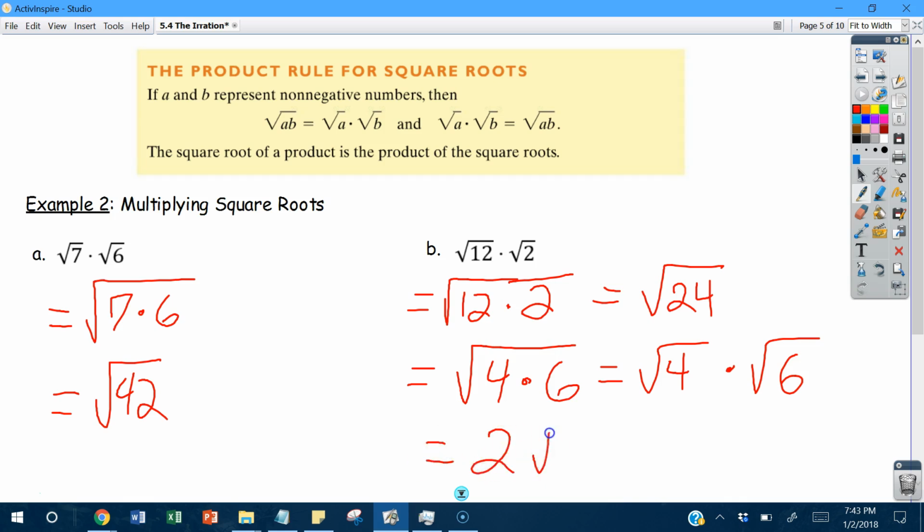The square root of 4 is 2, and the square root of 6 stays the same. I should pull that square root out as a 2, and then this is what's left over. And that's as simple as that gets. So there's a couple things to do here, but ultimately, the multiplication isn't quite as bad as simplifying radicals. So that's nice, I guess.